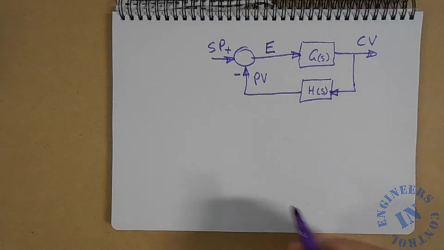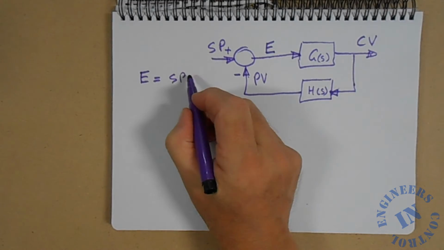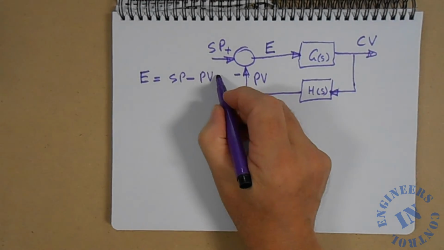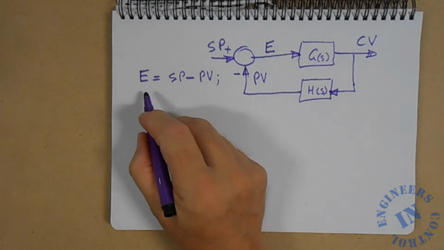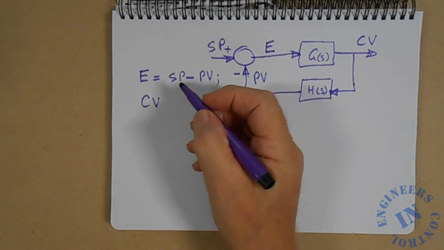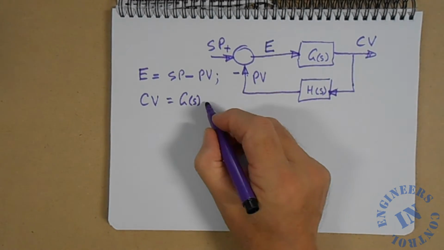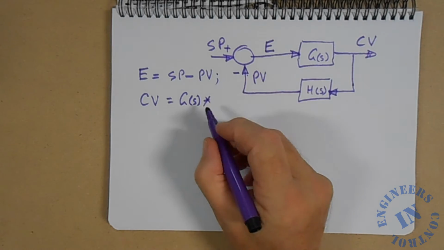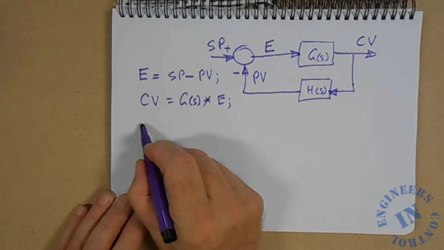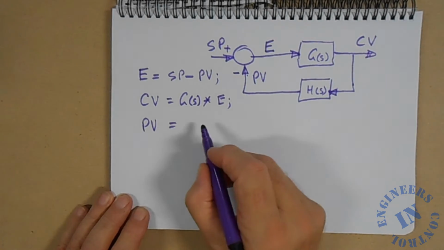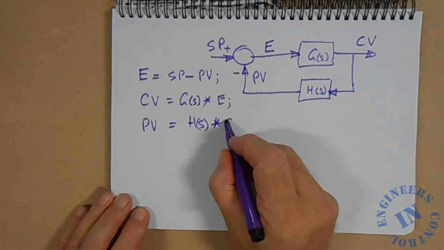So here are the equations. E is the set point minus the process variable. CV is G(S) multiplied by E. And the process variable is H(S) multiplied by CV.